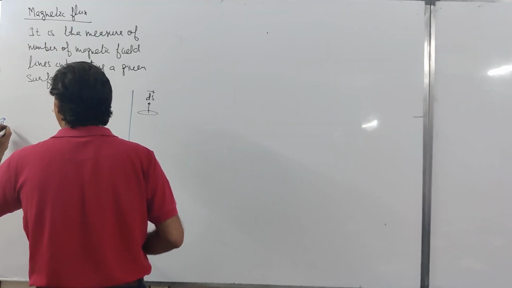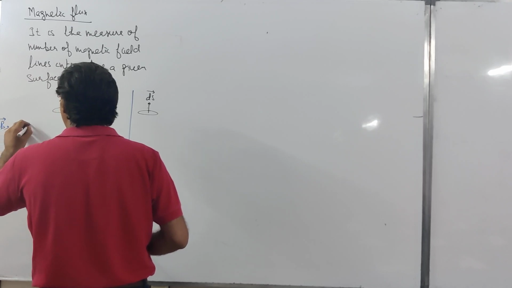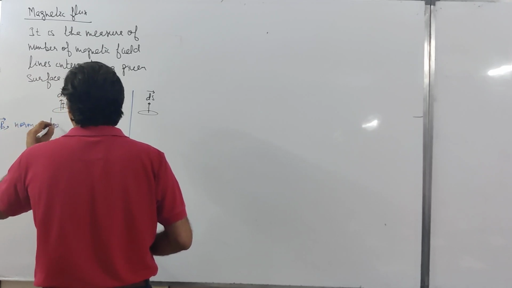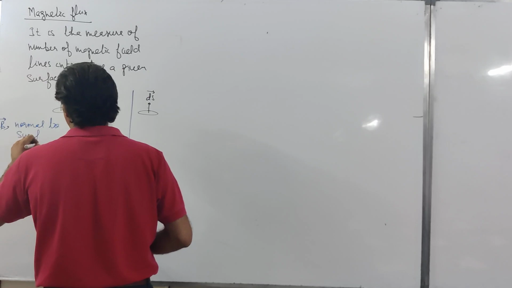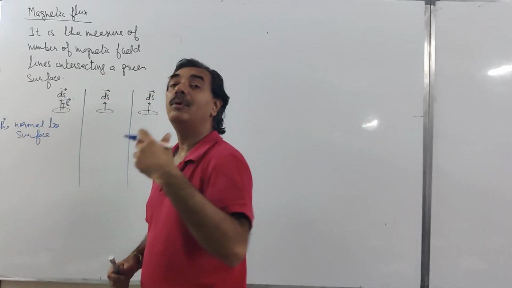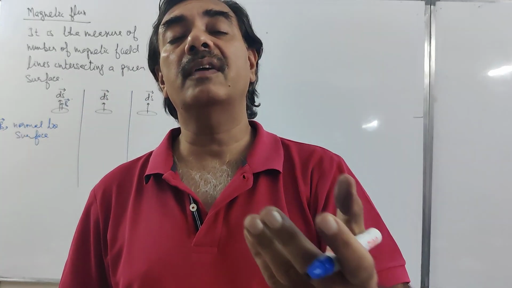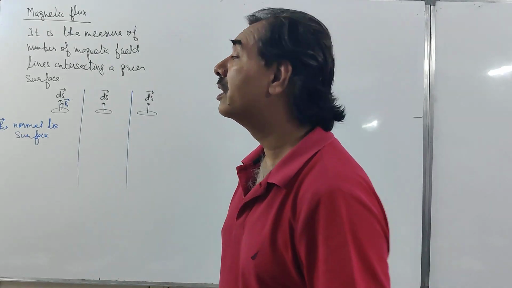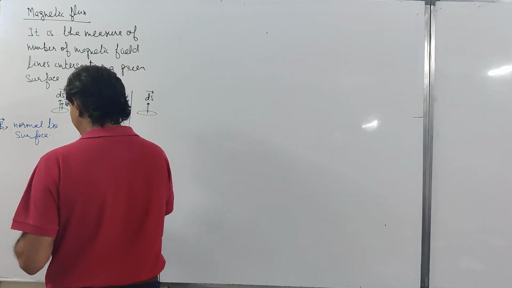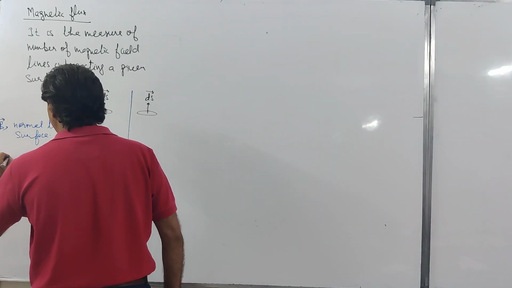B normal to the surface. If the field is normal to the surface, the angle between the magnetic field and the surface area vector is zero. Maximum flux.